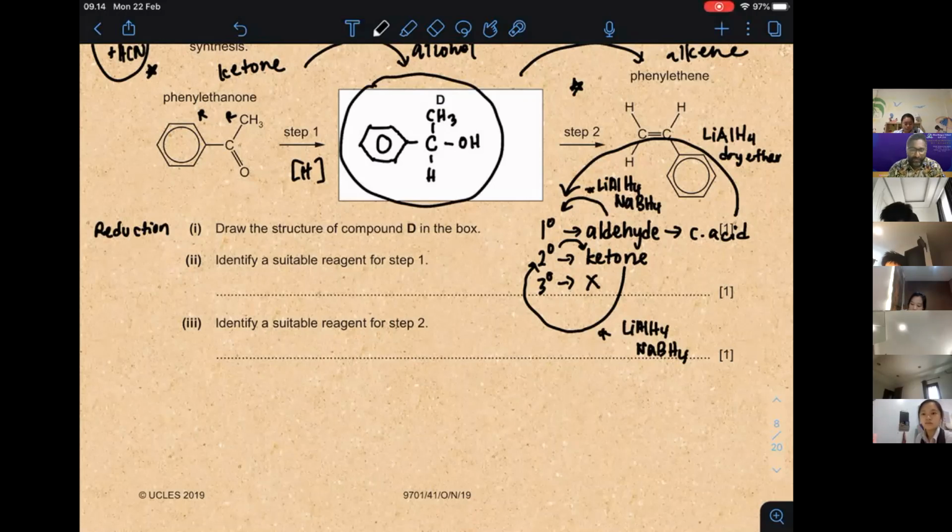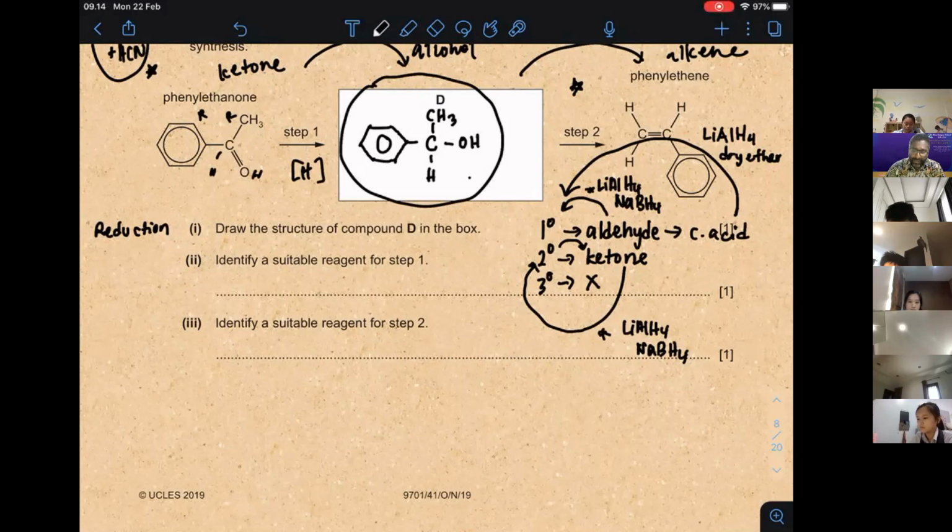When they don't specify, anything will do, so even if you draw it like this, it's fine. When I do the reduction, the H is going to come over here, and another H will come over here. So you are going to have this alcohol over there, which is a secondary alcohol. I wrote over there, secondary alcohol.